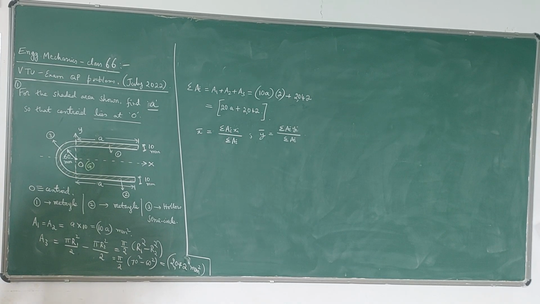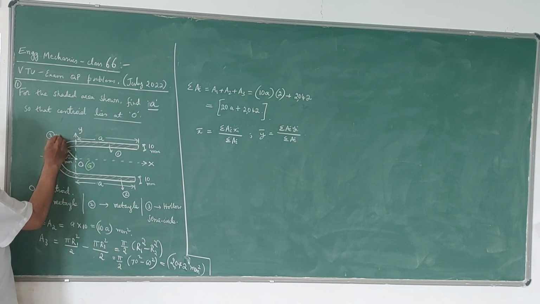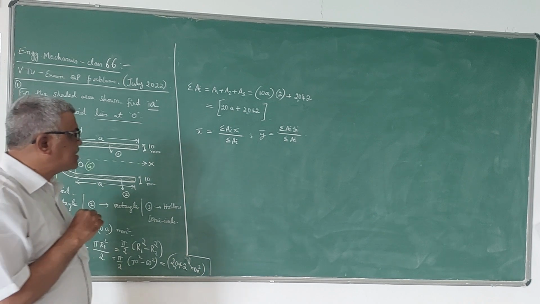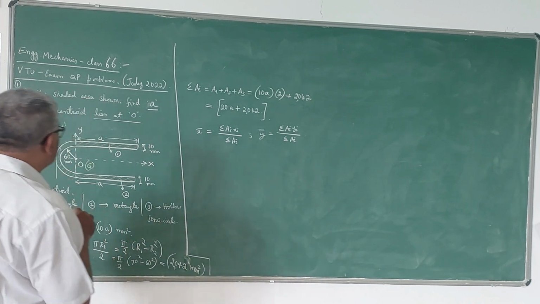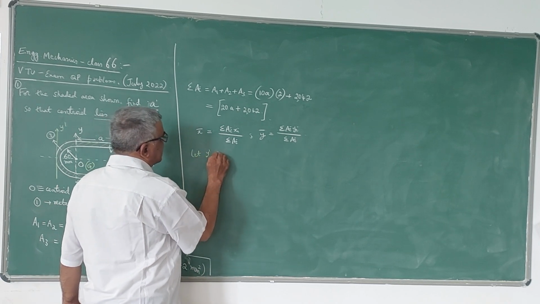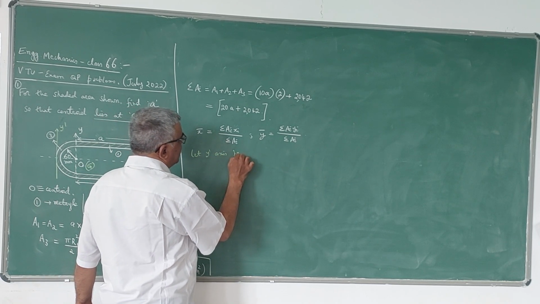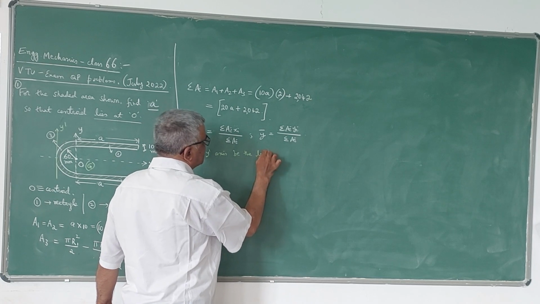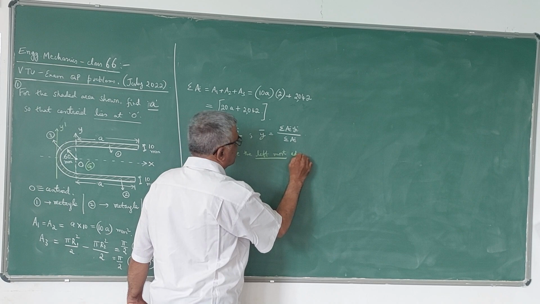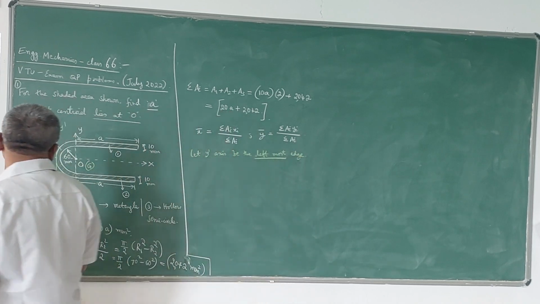Now to find the value of A, what we have to do here is locate the centroid about this y dash axis. Let the y dash axis be the leftmost edge, like this here.